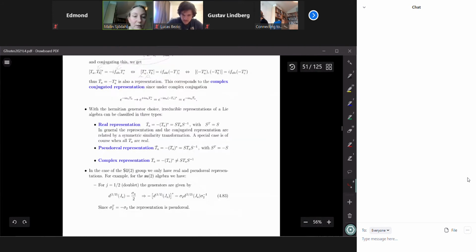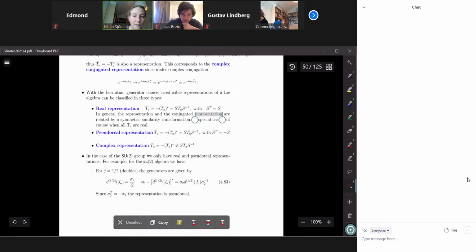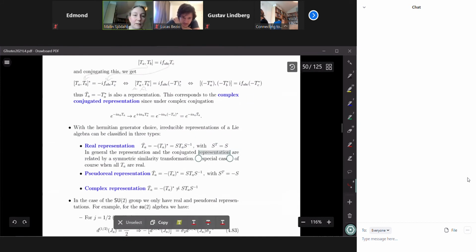We have e to the minus i alpha A TA, so e to the power of a general linear combination of generators. Then we complex conjugate it, so we have obtained a plus sign there. This plus sign we write as one minus sign in the front and one minus sign in front of the generator, which of course also was complex conjugated.